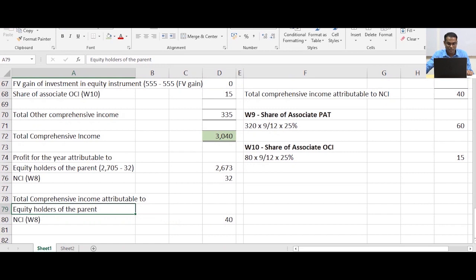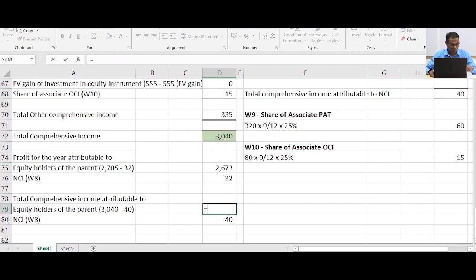The balancing figure, because total comprehensive income here, what I have highlighted in green, is how much? 3040, and out of that you have allocated 40 to the non-controlling interest, the remainder to the equity holders of the parent, which is how much? 3040 minus 40, that comes to 3000. That comes to 3000.